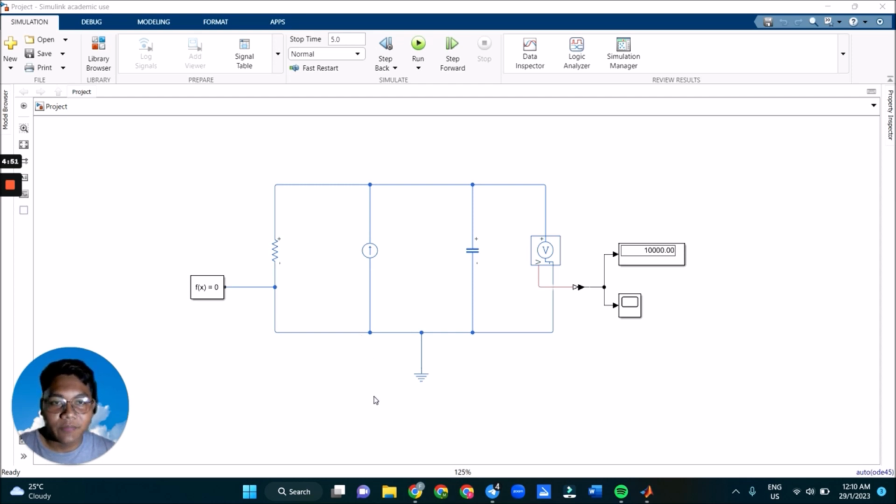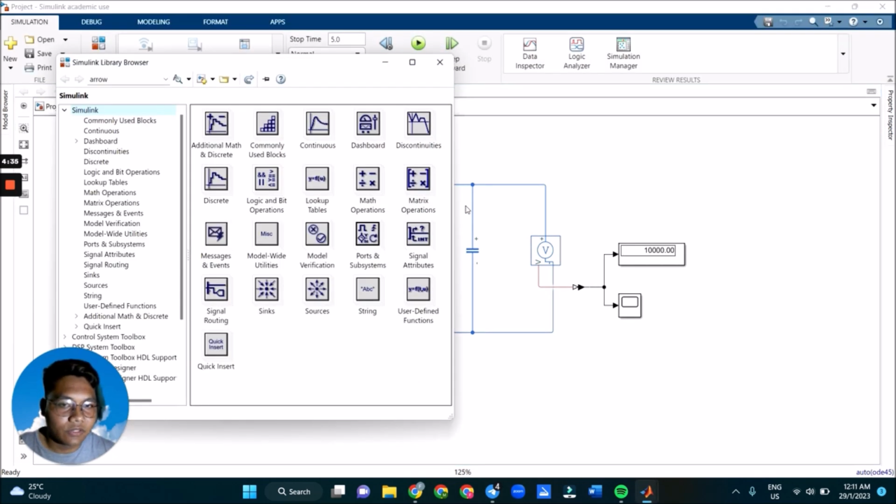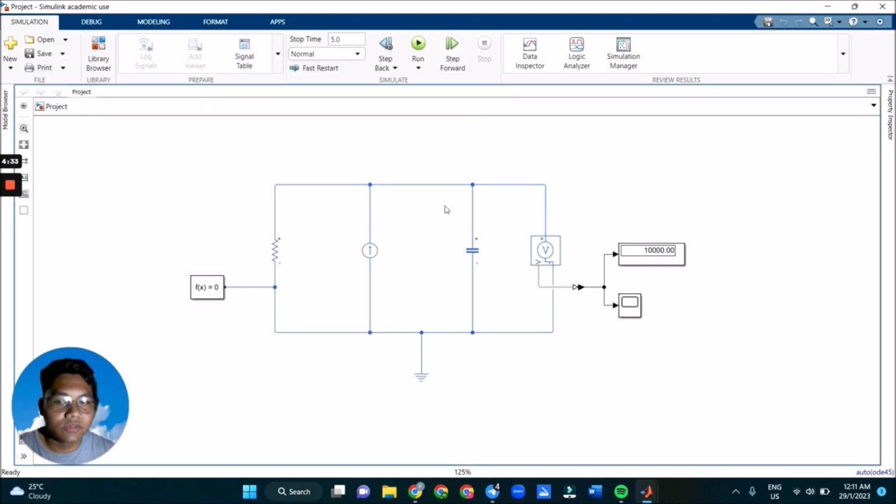For this project, I'm taking part to do the simulation. This is the circuit that we created by using Simscape. For the examiner's information, we are using Simscape in this simulation as it is easier for us to execute all the results. For the first question, 5 e to the power of negative t, we have to insert the value of the DC current in the source.